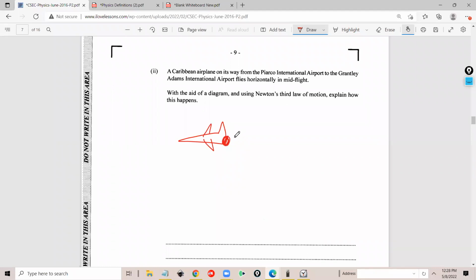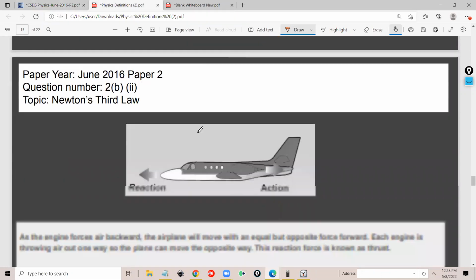Remember, the boosters or the turbines or whatnot are pushing air in this direction, from the turbines in the plane. And of course, that causes what? A forward motion. In other words, Newton's what? Third law, right? So let's see how we can word that properly for the examiner.